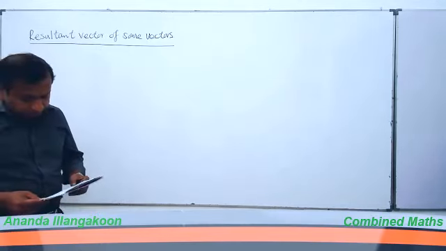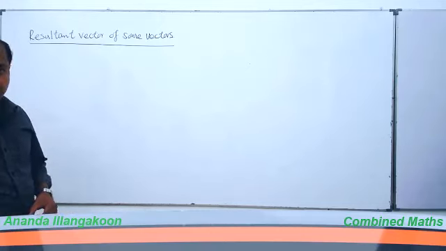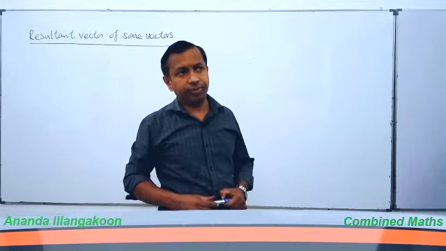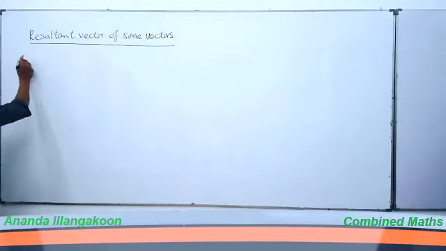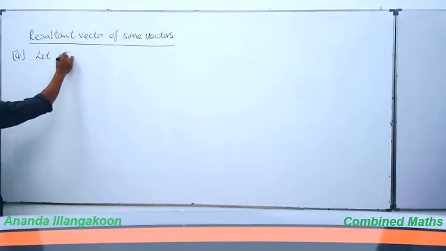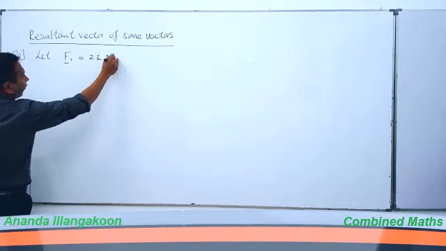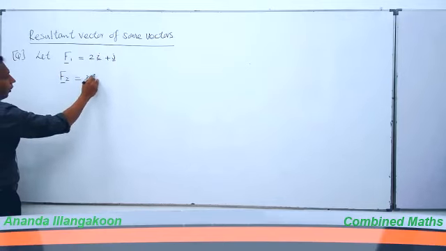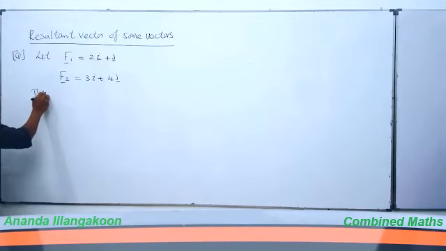Right. Now we'll take only 2-3 questions. Write down as a question: Let F1 be 2i plus j, and F2 be 3i plus 4j.